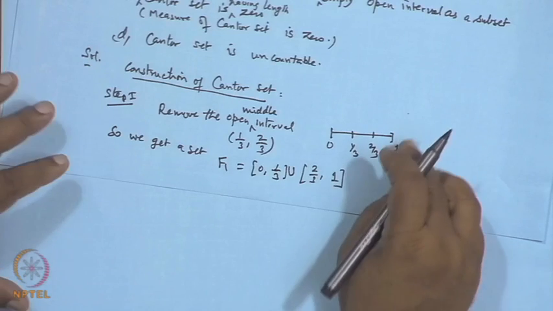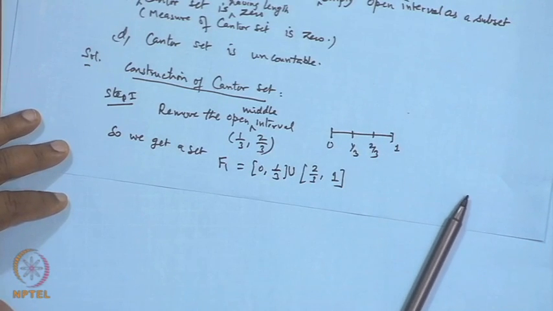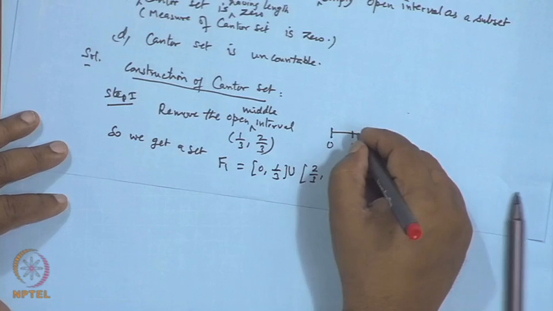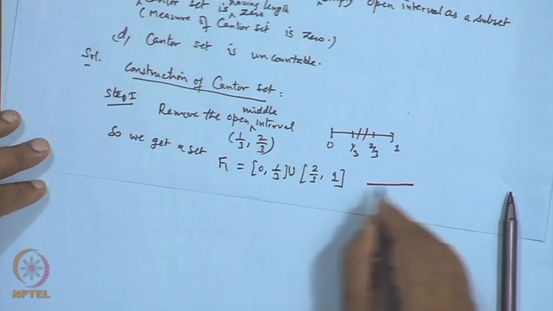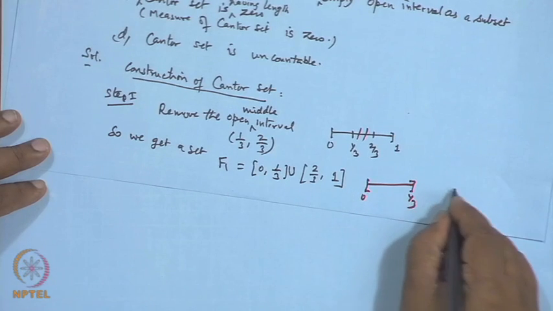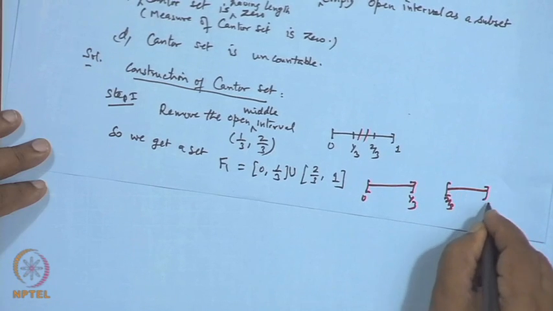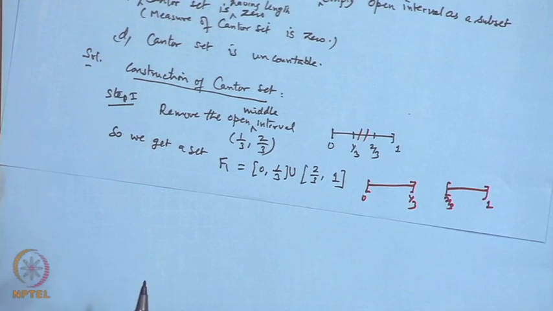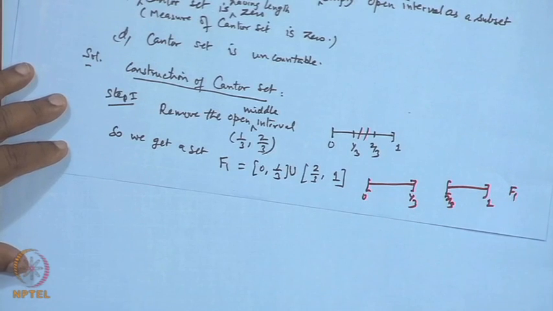So, in the first step we take the closed interval [0, 1] and drop the middle portion. The remaining set is [0, 1/3] union [2/3, 1], denoted by F1.